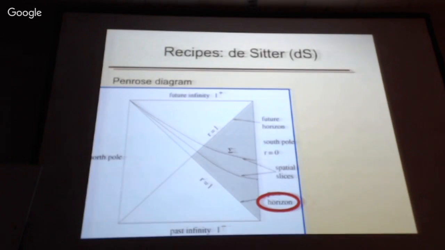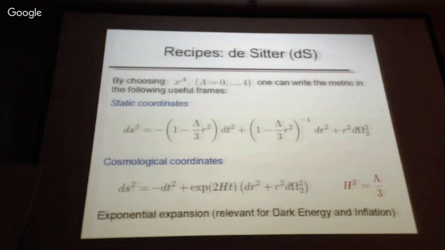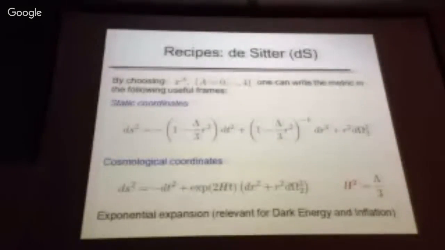So, in that sense, if I have an observer that moves here, after this it cannot emit light that will reach spatial infinity. And where do we see that horizon in this static patch of de Sitter, in this static coordinate system?